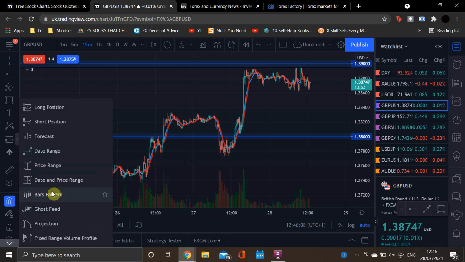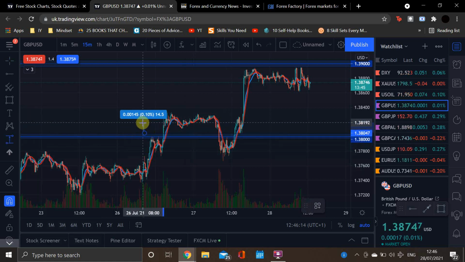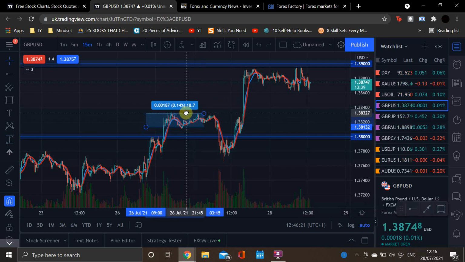I like the zone to zone strategy, definitely. Maybe you could have caught, I don't know, maybe you could have caught around maybe 25 pips, which isn't bad.